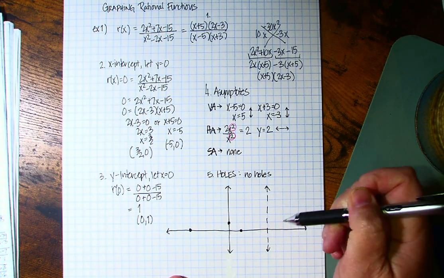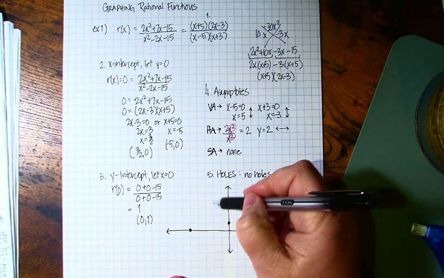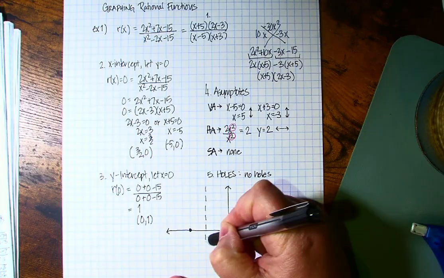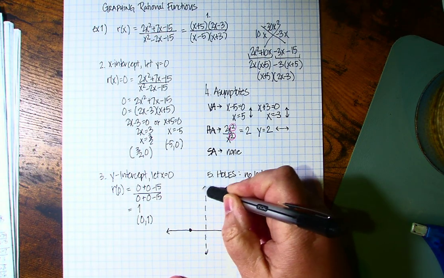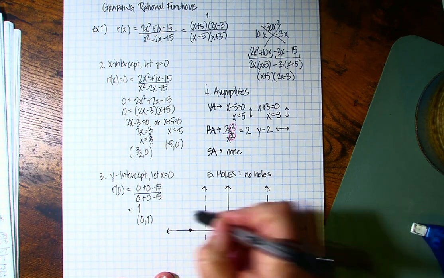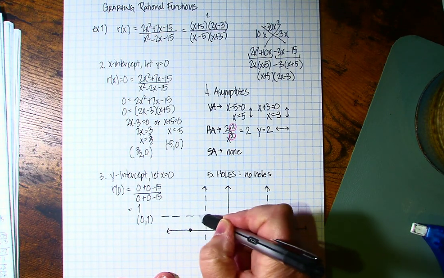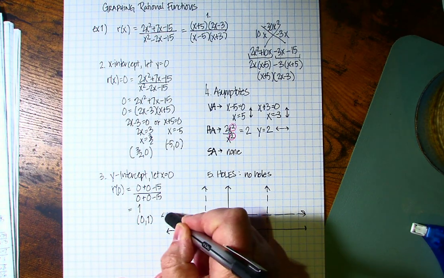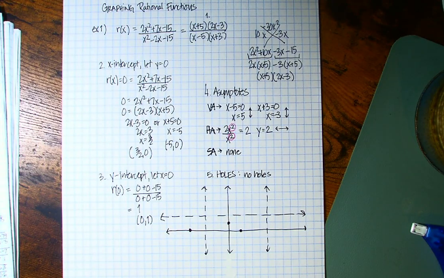I've got an asymptote at x equals -3. And then I have a horizontal asymptote at y equals 2. Good enough. There we go.